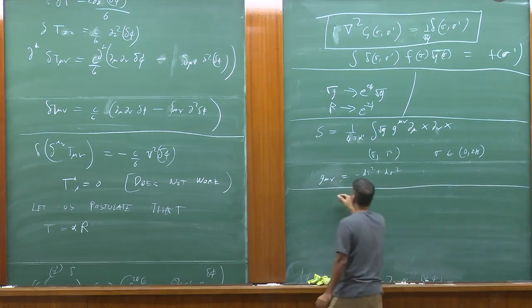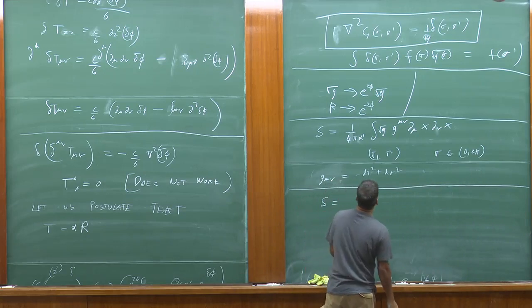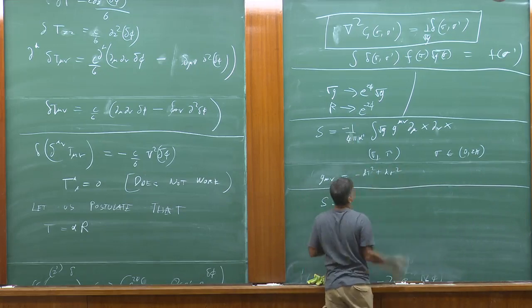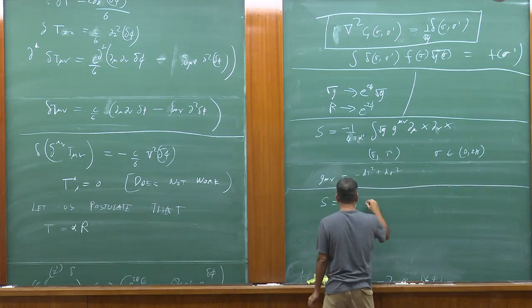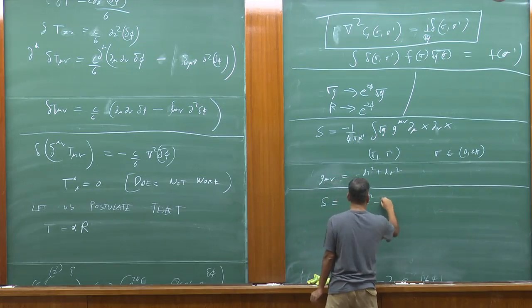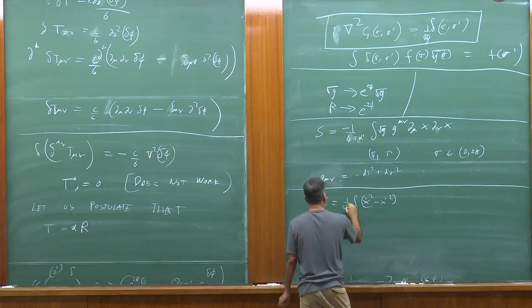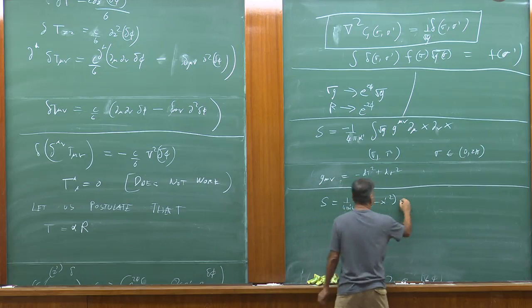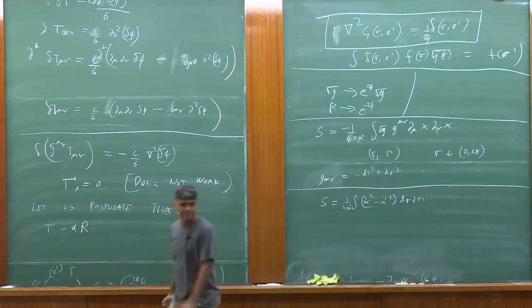The action is, well, if I'd really written it this way, I should put a minus sign here. The action is the integral of x dot squared minus x prime squared, times 1 by 4 pi alpha prime, d sigma d tau.